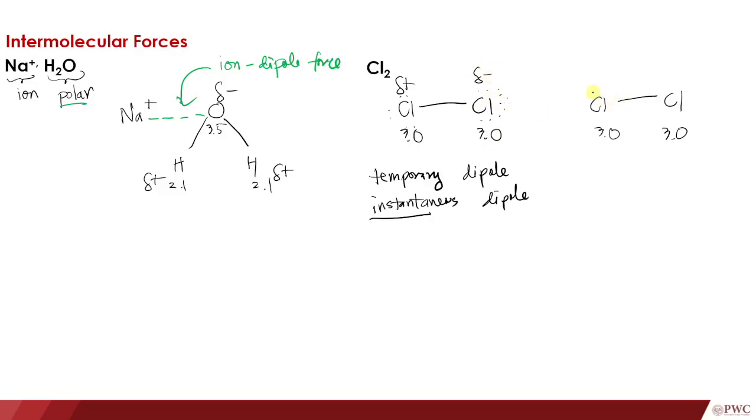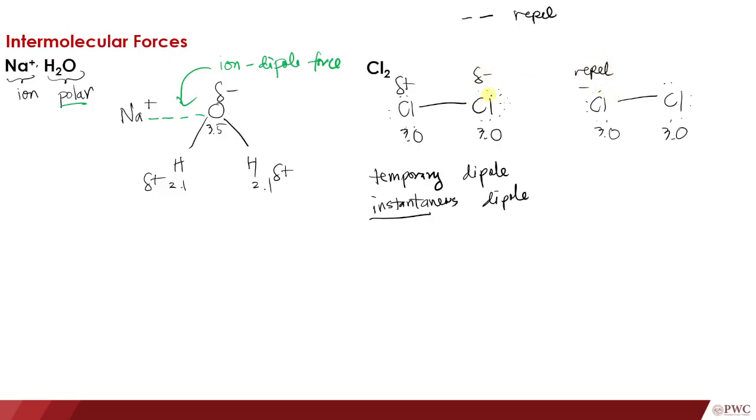Now if you look here, this side is partially negative. This other molecule also has its electrons over here. Of course these electrons are negative, and this side is negative too. Negative and negative, will they attract or repel? Same charge, they will repel each other. So since this is negative and this is negative over here, the electrons on this side will be pushed to this side because they are repelling away from each other.